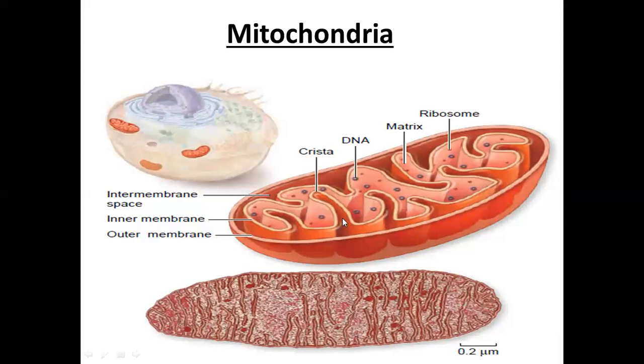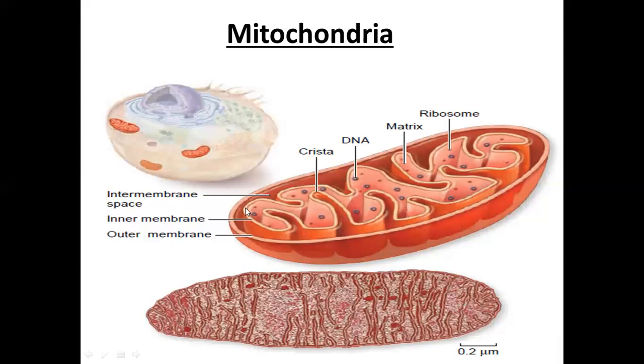However, these mitochondria are not fully autonomous, because the genes that encode the enzymes used in the metabolism here are actually located in the DNA of the nucleus. The outer mitochondrial membrane is smooth and allows many small molecules to pass through it.